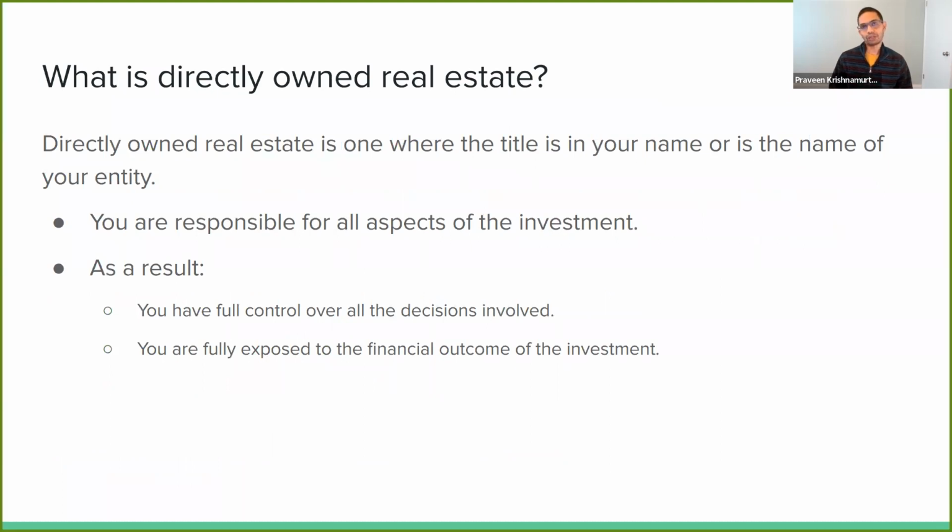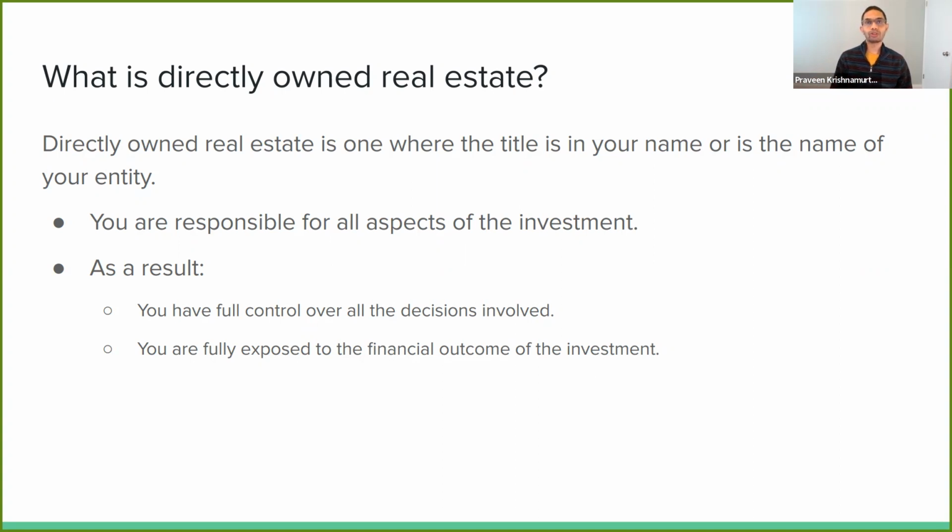So what exactly is directly owned real estate? Directly owned real estate is where your name is on the title, or the name of your entity, be it an LLC or a corporation, that is on the title. And you have a direct stake in the real estate investment, and you're responsible for all aspects of the investment. So as a result, you have full control over the decisions involved, whether it's when to sell, how much capital to raise, how much money to put in, what type of rehab to be done.